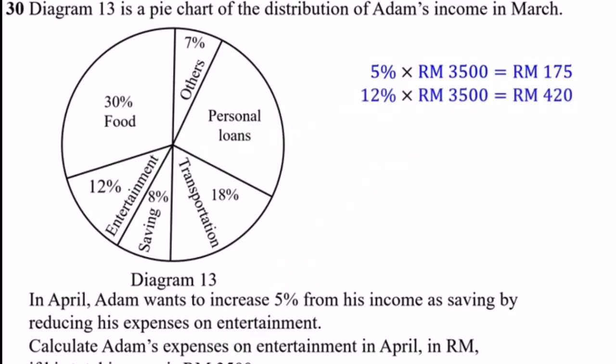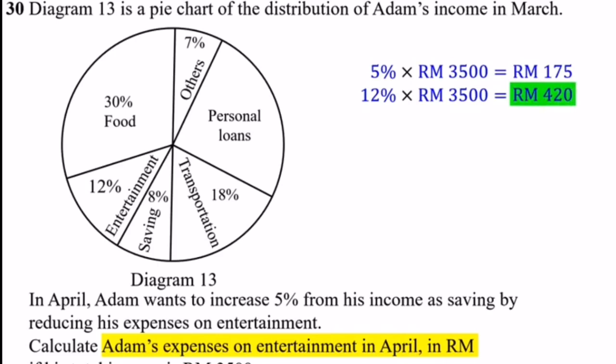Because Adam needs to increase his saving by 5%, the saving is 175, and this 175 must be deducted from the entertainment, because the question says reducing from the entertainment.